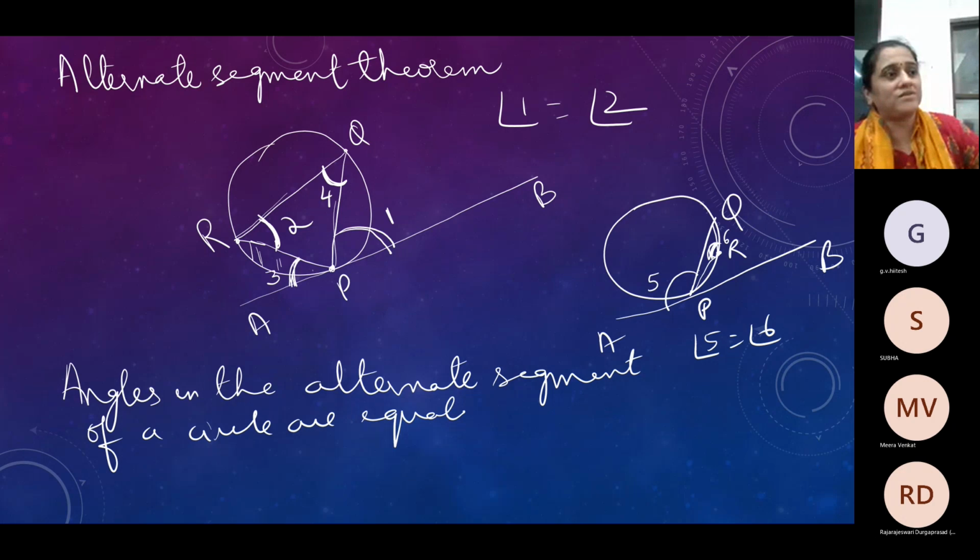So take the other segment, the minor segment. Take a point on the circumference R and join the ends of the chord, P to R and Q to R. There an angle is formed. That angle 6 is equal to angle 5. Yeah, make a note, children. I'll just wait for a minute.